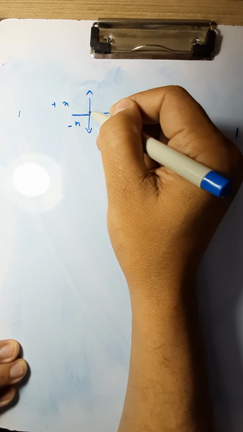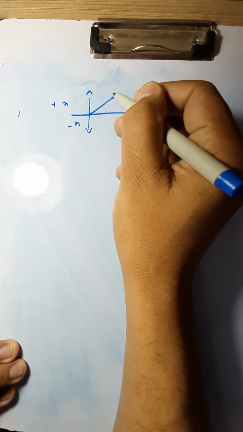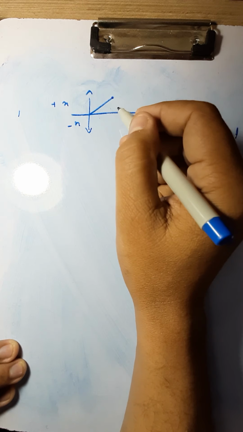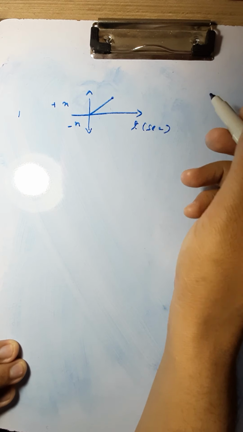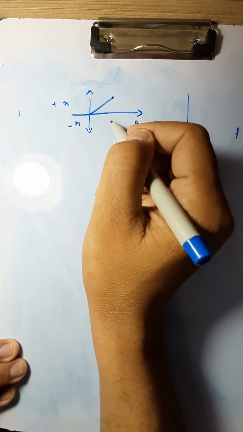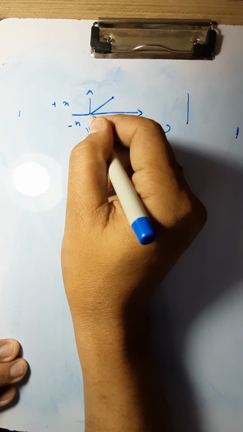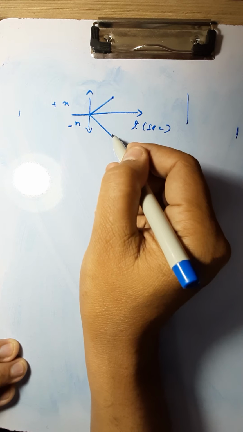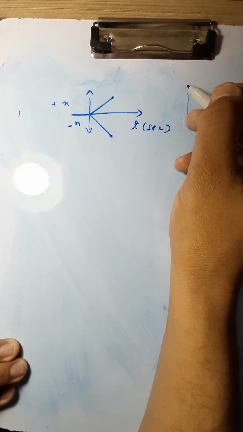So this is the graph for a particle traveling with a uniform velocity along the positive x direction, whereas if it travels in the negative x direction, the graph would be like this. Okay, we have seen this.